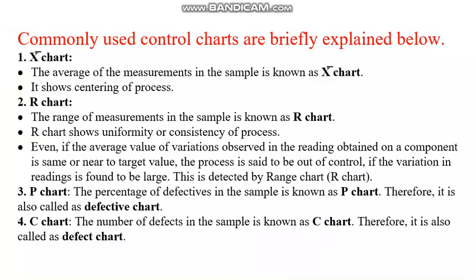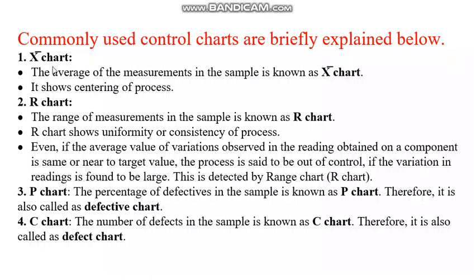R chart: the range of measurements in a sample is shown in the R chart, and the R chart shows the uniformity or consistency of variations. Even if the average values of the readings obtained are near the target value, the process is said to be out of control if the variations in the readings are found to be large.